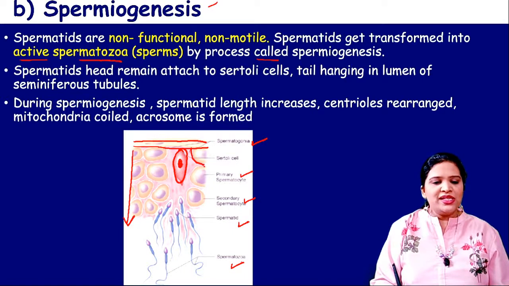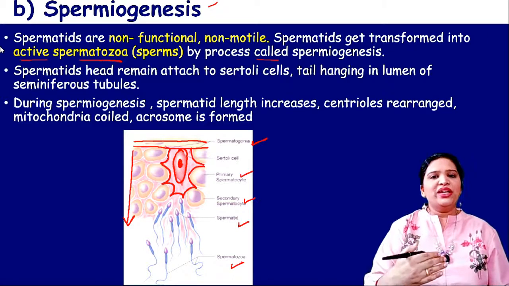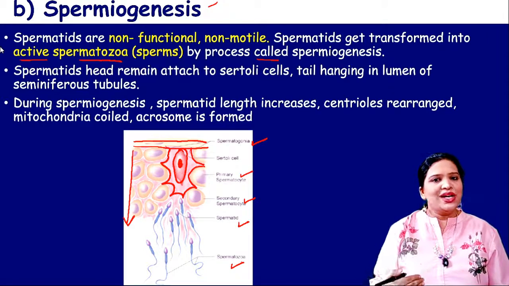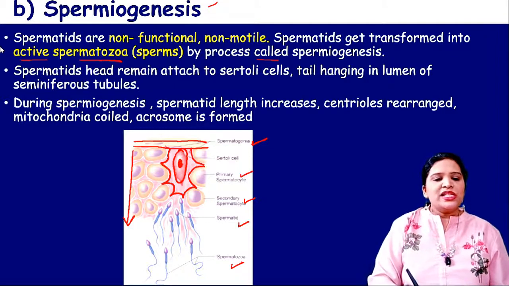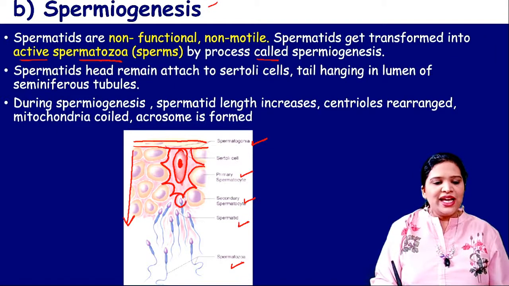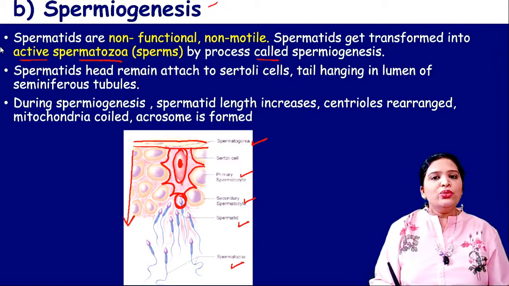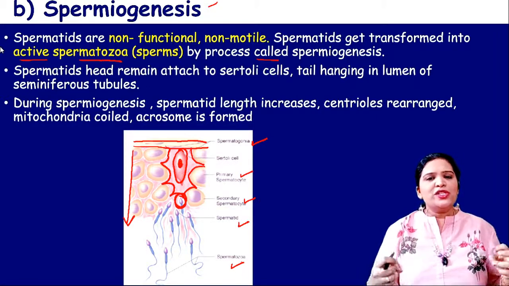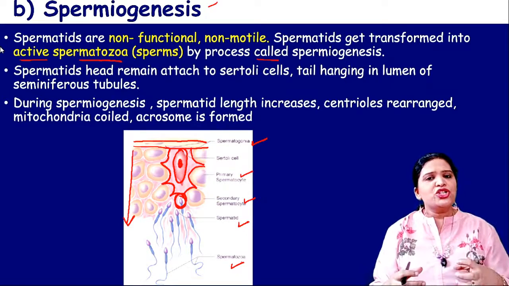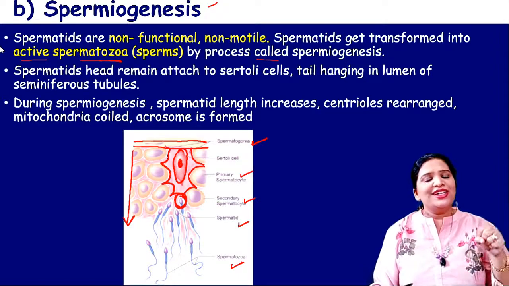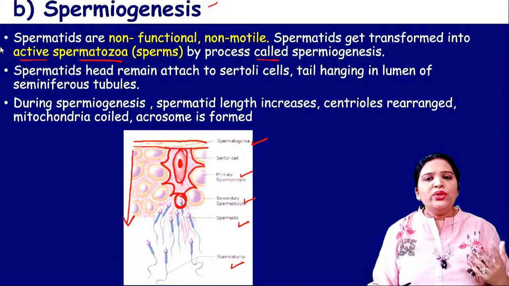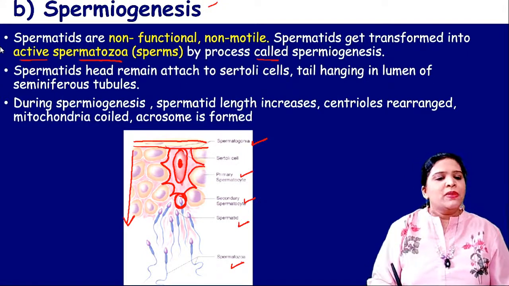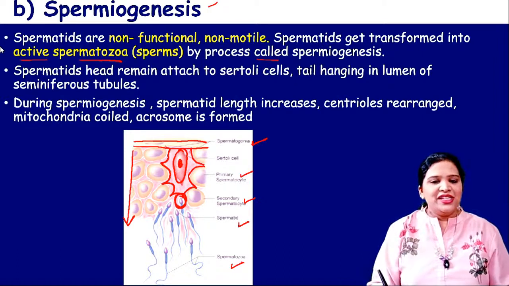Surrounding the Sertoli cells only, the growth and development of the different stages of the spermatozoa takes place. Okay, so the spermatids, you see the head remains attached to the nucleus of the Sertoli cells. So they take all the nutrients, because the Sertoli cells' function is to provide nutrients. They are called nursing cells. So they give nutrients to the growing spermatids, right, and transform them into an adult cell.